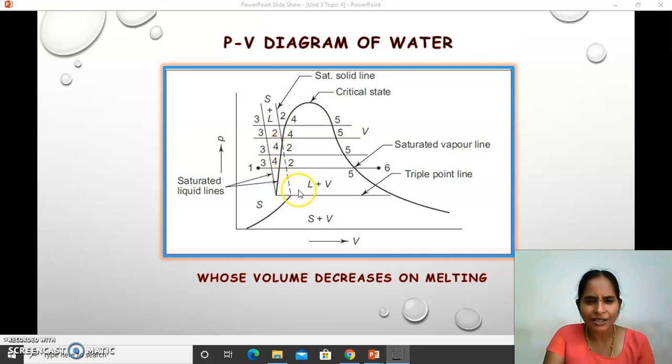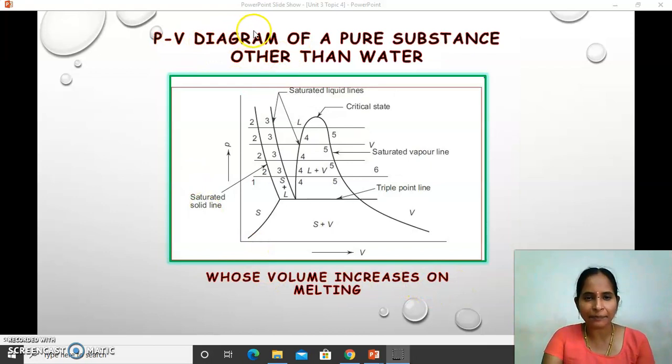No, the dashed lines are meant for the reduction in volume, which is peculiar only to water, whose volume decreases on melting. But if you see, this is the PV diagram for other pure substances except water. Here you cannot see that dashed line inside the vapor dome, right?